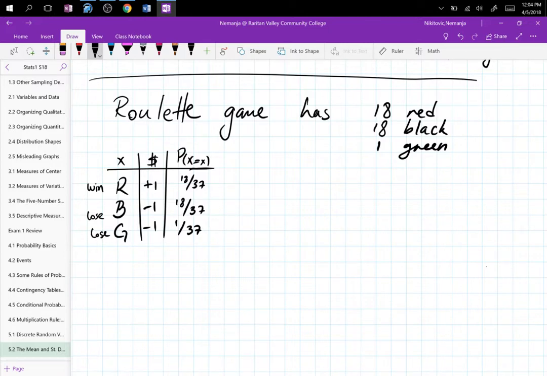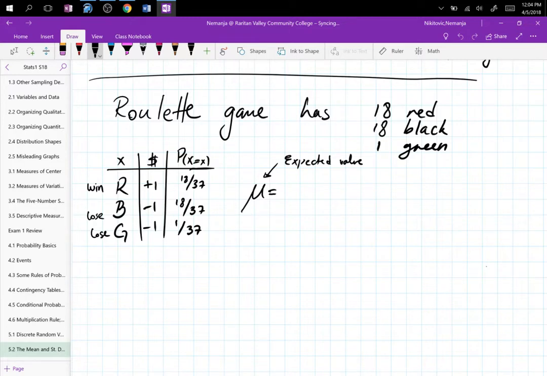So now what happens if I look for expected value, which is mu? Now also, this is important to understand, guys. I'm using +1, -1, -1, that's dollars. And this is done from the perspective of a player, because if I win, then the casino lost.